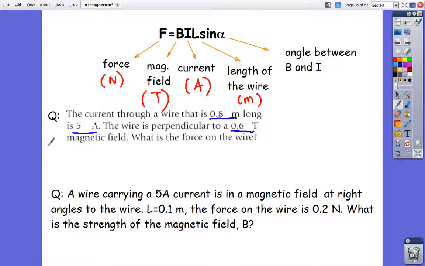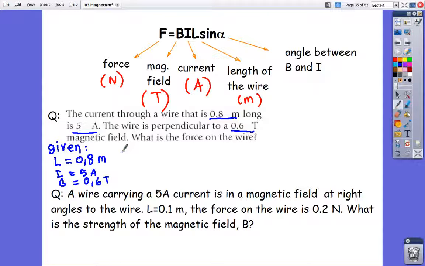Let's write down the given variables from the question. We have L 0.8 meters, current I 5 amperes, and magnetic field B 0.6 Tesla.